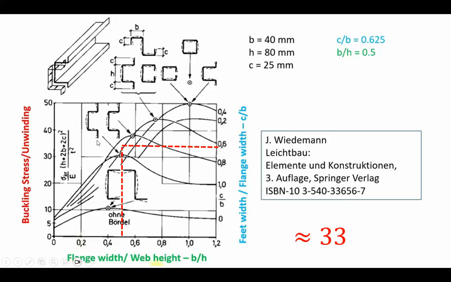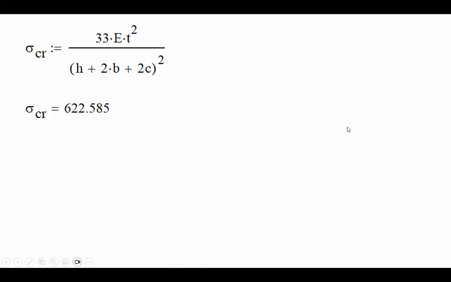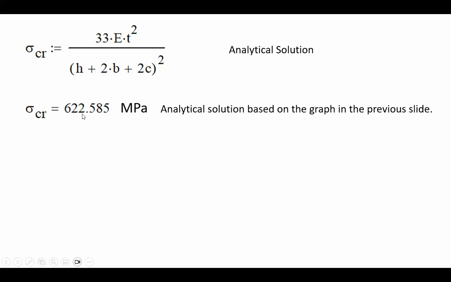If you continue this horizontal line, the red line intersects the vertical axis at 33, and that 33 is this ratio. When you set this ratio equal to 33 with all the given dimensions, you'll find the critical stress based on this linear analysis from that reference. We get roughly 822 megapascals.